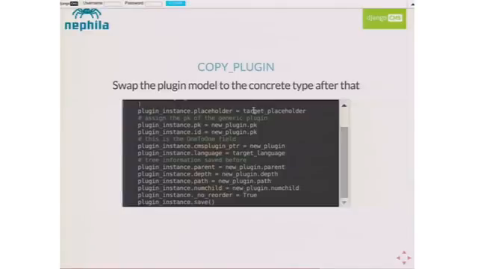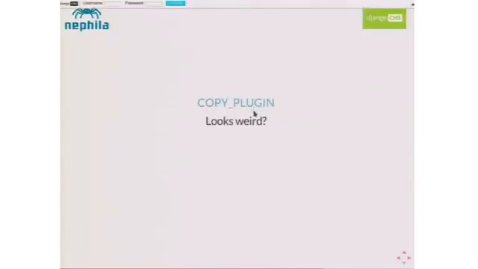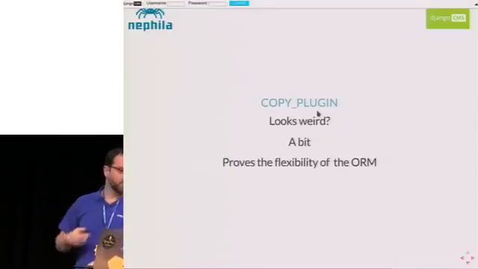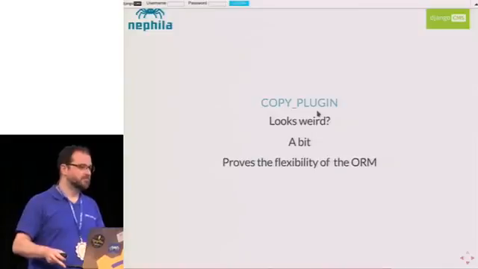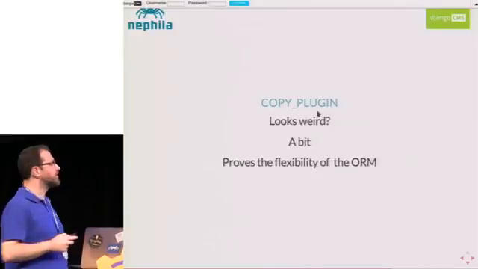So it looks like a trick, but it works, and it's working surprisingly well for a very long time. Actually, this code has seen some improvements in the last few years, but it doesn't change the way it worked really. But the point is that the Django ORM is very flexible, and you can do apparently weird things with it with a good chance of reliability. And then we are at question stop number 2.